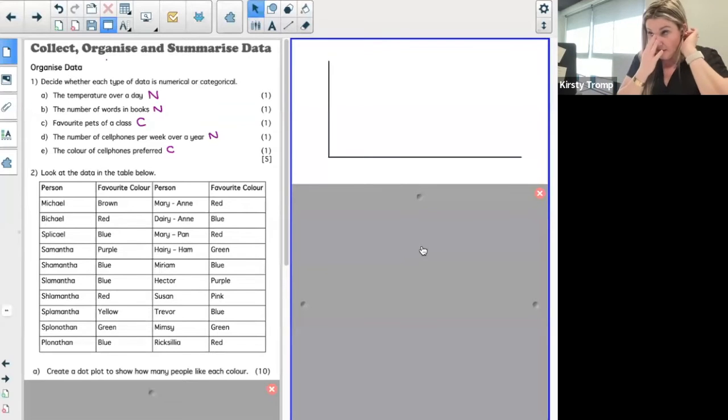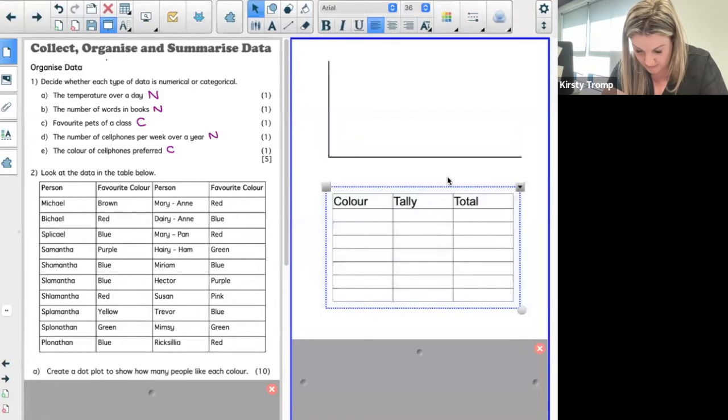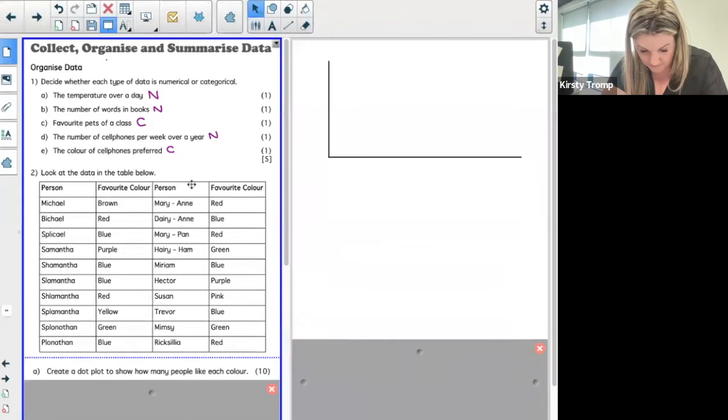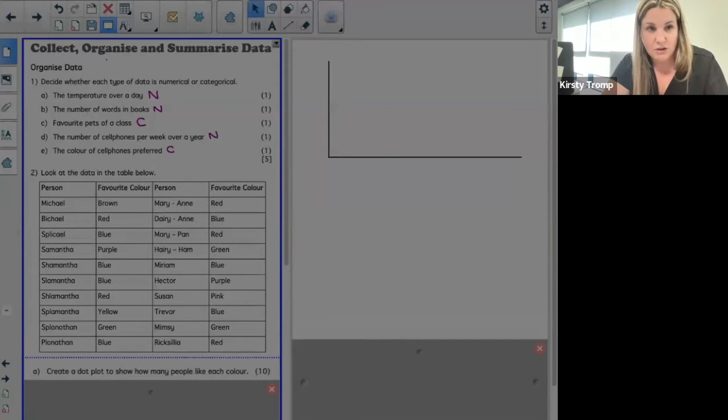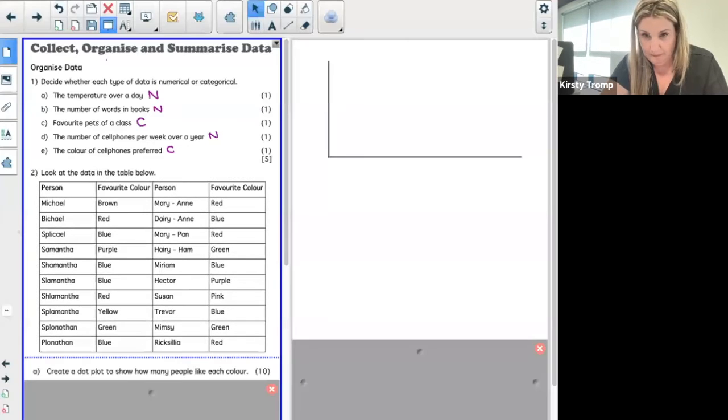A good idea is for us to make this bigger for you guys. So I'm going to bring this across. I'm just going to take a photo quickly. Oh no. Let's try. Oh, our screen is frozen.